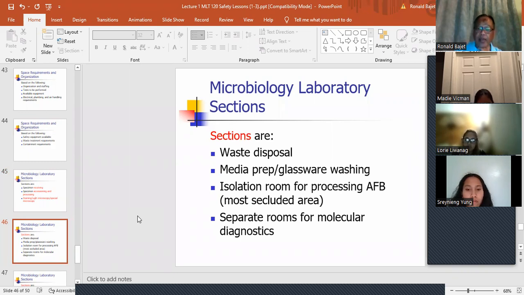Isolation room for processing AFBs. When you process AFBs, you can actually get a laboratory-acquired infection. The centrifuge that you use to process the AFBs has to have a screw cap on each of the buckets.